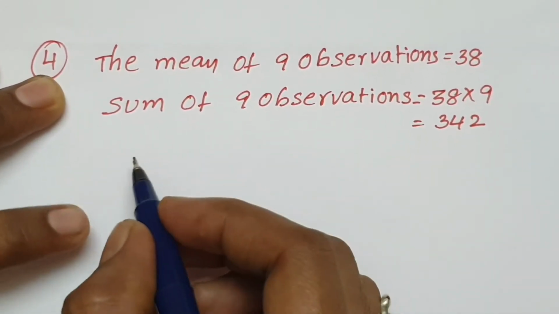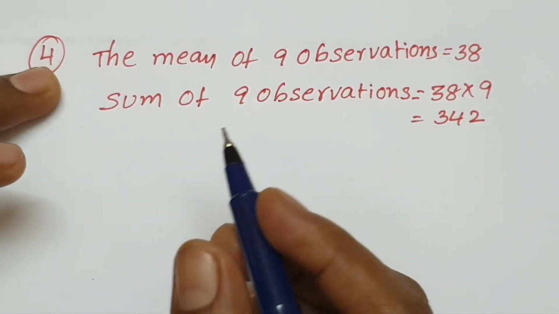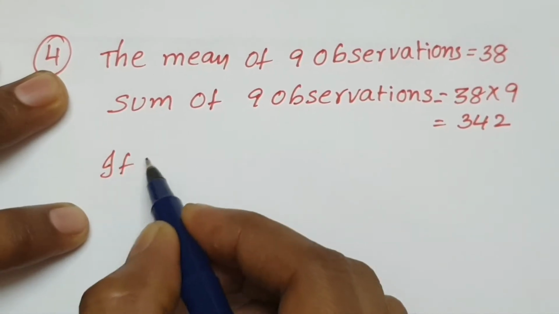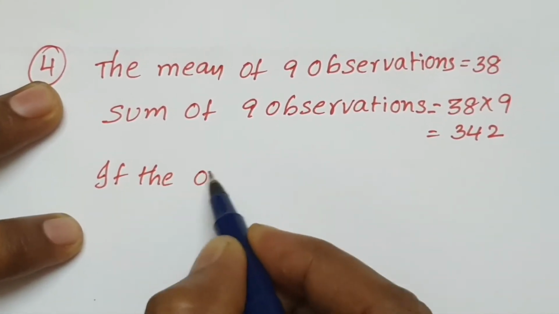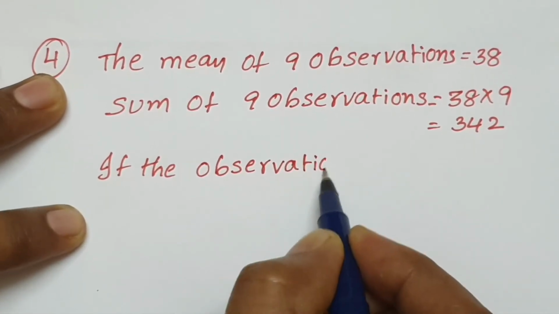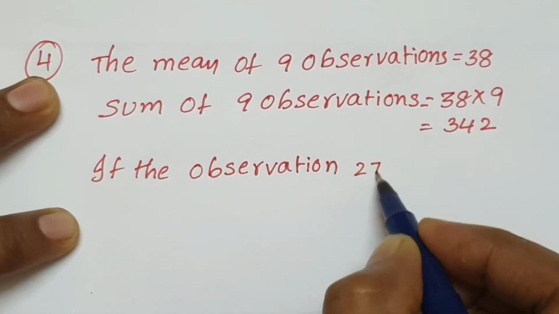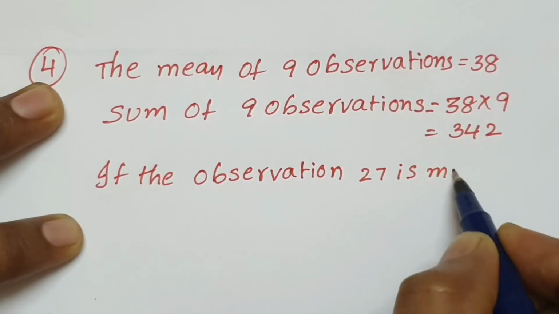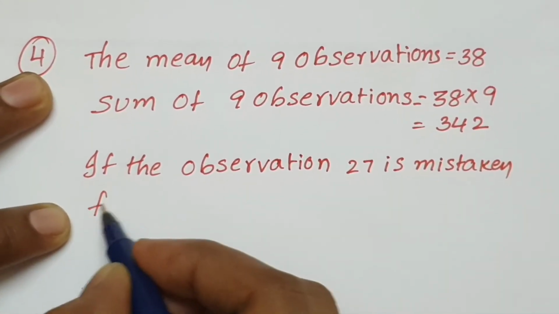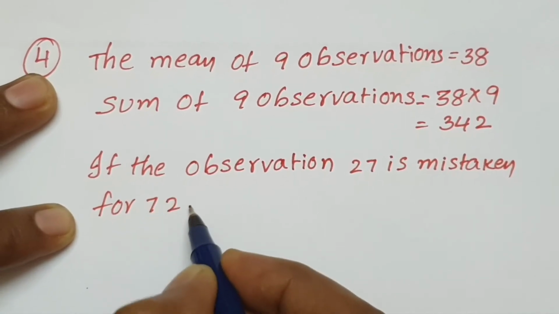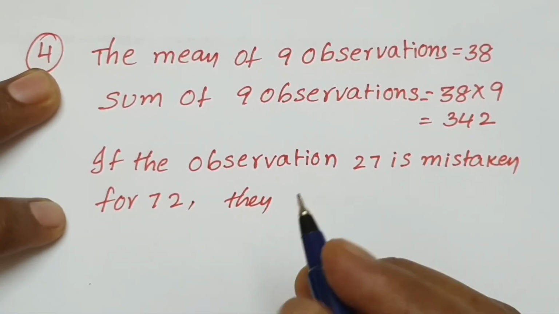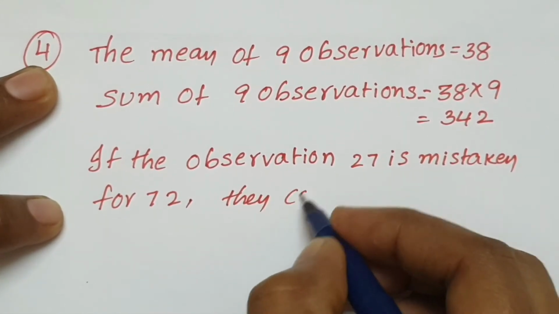If the observation 27 is mistaken for 72, then what is the correction?